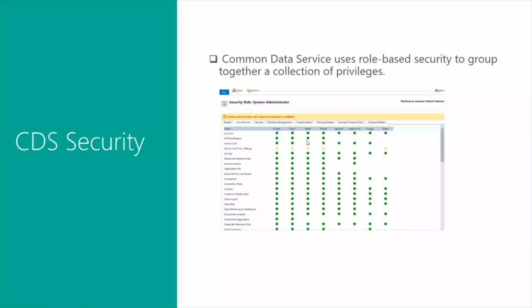So when we say CDS, CDS will have common roles, a set of default roles like system administrator, system customizer, environment maker, and common data service user, and so on and so forth, which we will be discussing in the next slides, like what each role can offer as part of the standard security matrix. However, when you see the screen, in general, if you talk about any security model, the first thing that comes to our mind is the CRUD operations: read, write, delete, append.